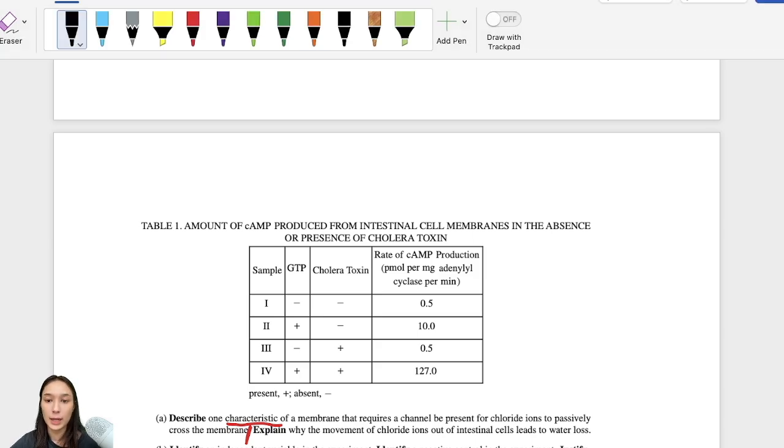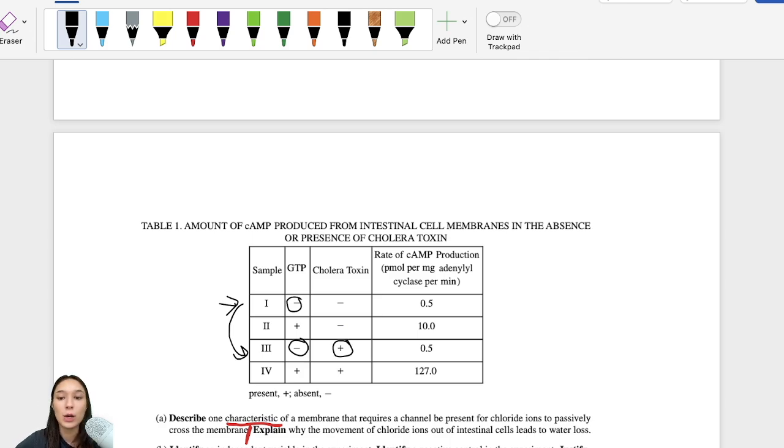So number 1 over here has neither. We can compare this to number 3. And you can only compare this to number 3 in this case because they're both negative for GTP, so we don't count that. However, this one's only positive in the cholera toxin.